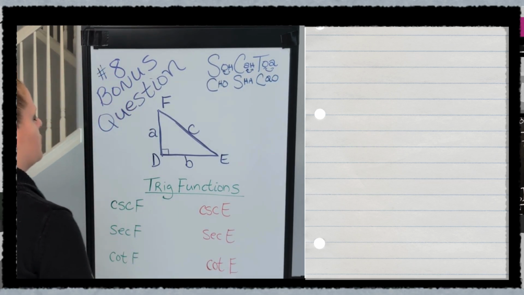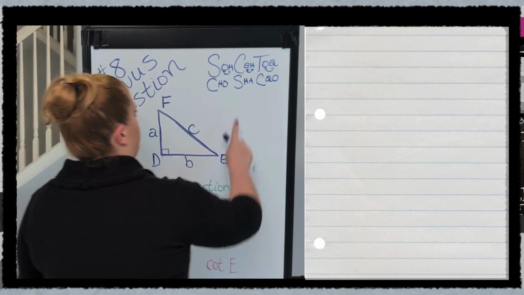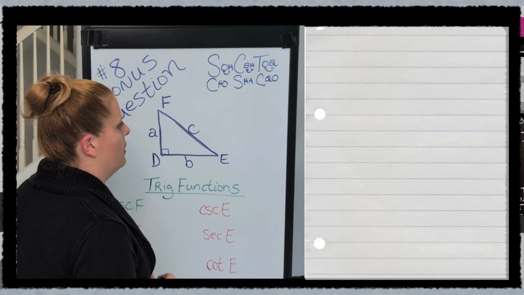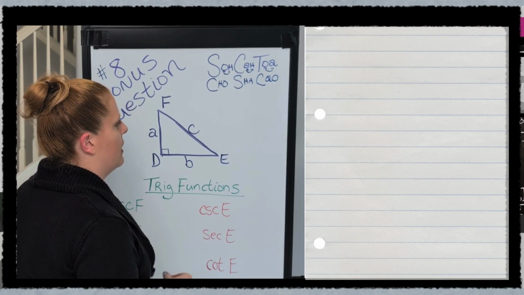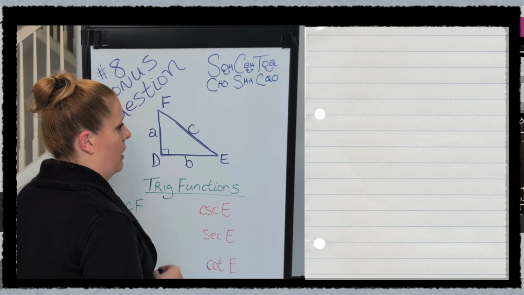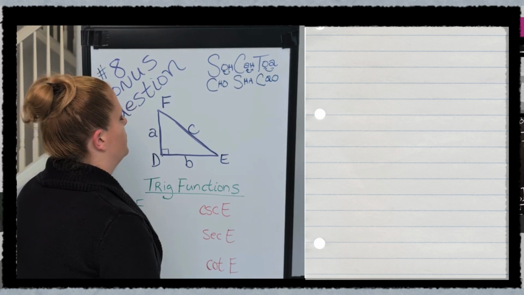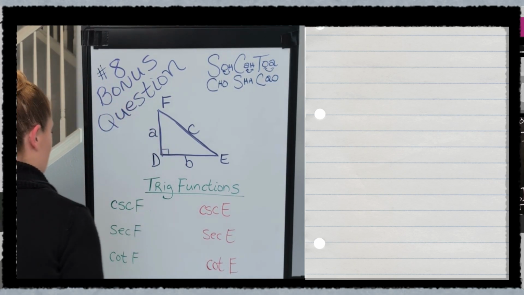Okay, so those are our three different inverses. I don't have a mnemonic device for that. So if you can think of a way to remember it, you do you.